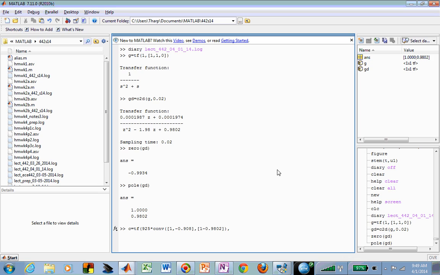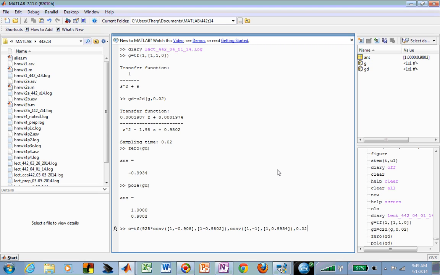I now need to convolve to get my denominator. I now convolve the two factors downstairs, which is z minus 1 and z plus 0.9934. That's my convolution to obtain the denominator polynomial.